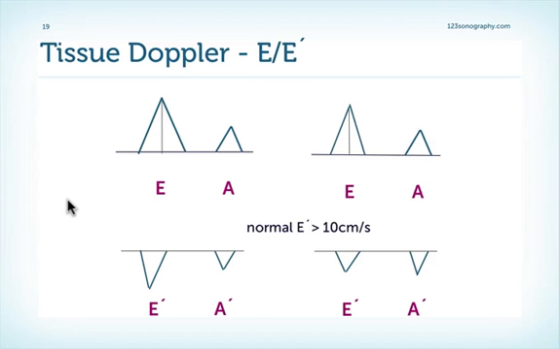But you can also solve this problem with the help of tissue Doppler by looking at the size of the E prime wave and the ratio between E prime and E. In patients who have a normal diastolic function, we have a fairly large E prime with more than 10 centimeters per second and a small ratio. In patients who have a pseudonormal pattern, we have a small E prime and a fairly large E to E prime ratio. In other words, a value which reflects elevated left ventricular filling pressures.